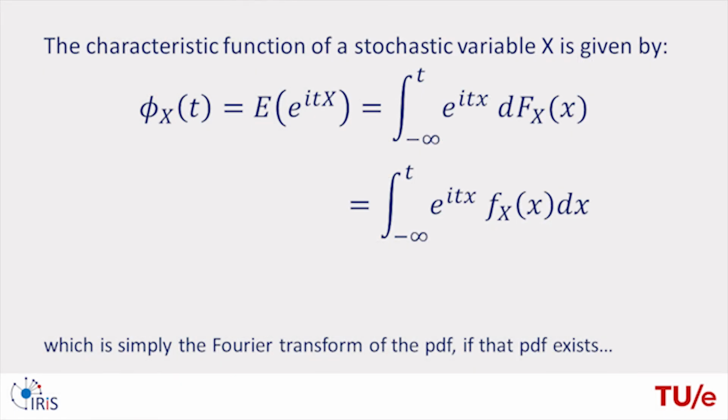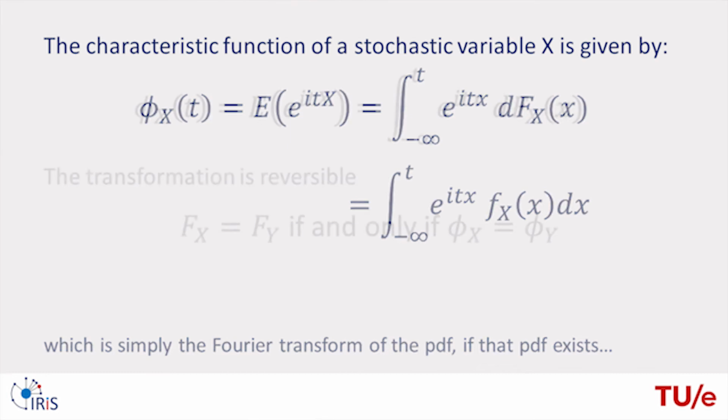In probability theory, the characteristic function of a stochastic variable is defined as this function phi of t, which is the expected value of e to the power itX, where i is the square root of -1.